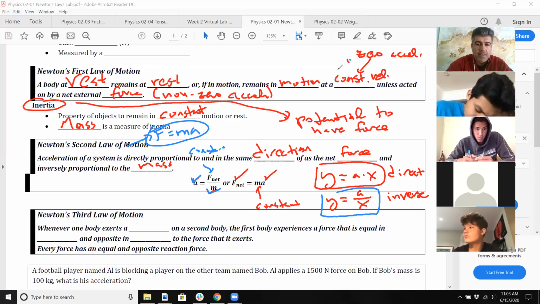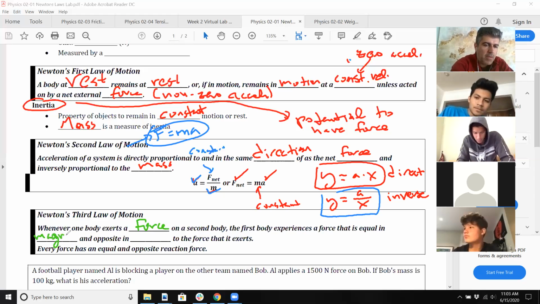Third law of motion. I accidentally said that earlier. It's basically for every action there is an equal and opposite reaction. Whenever one body exerts a force on a second body, the first body experiences a force equal in magnitude and opposite in direction.